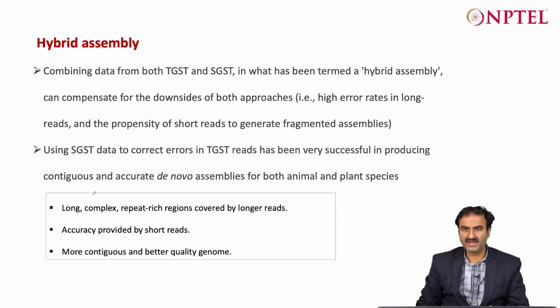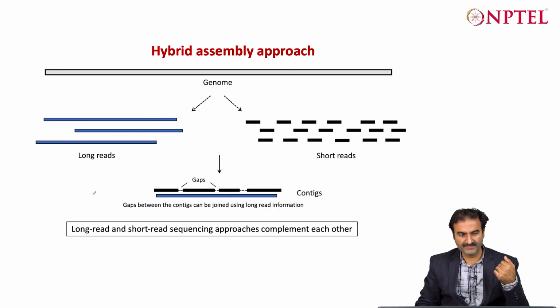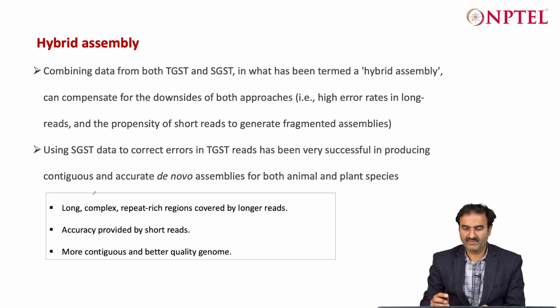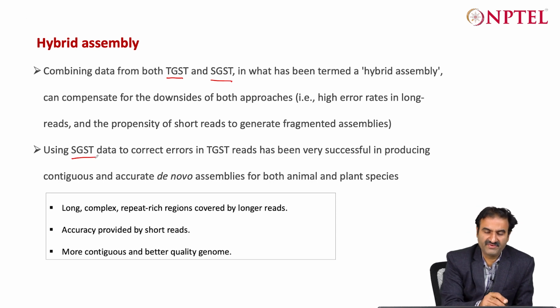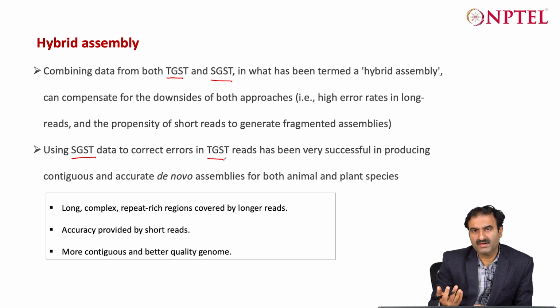Or you create a hybrid assembly and then use both long and short read data to improve it. So either the data from third generation and second generation sequencing technologies are used to generate the hybrid assembly, or you use the second generation data to correct the errors in third generation, or the other way, using the third generation to improve the contiguity in the second generation. So different approaches are there.